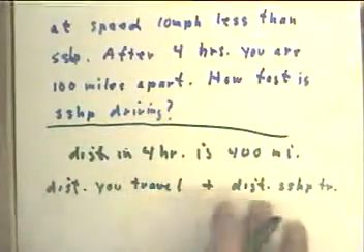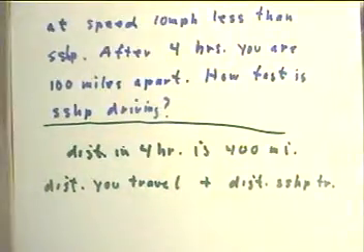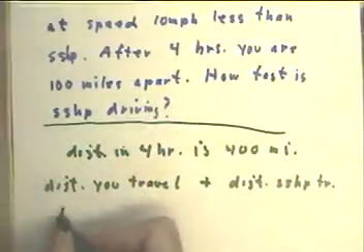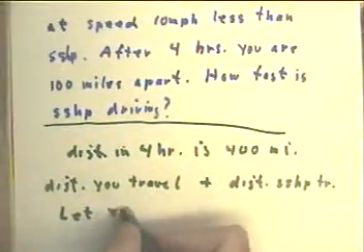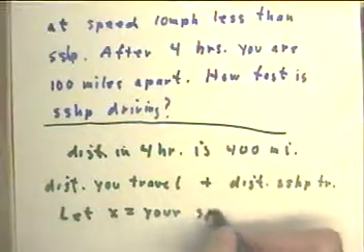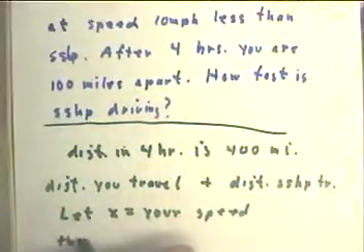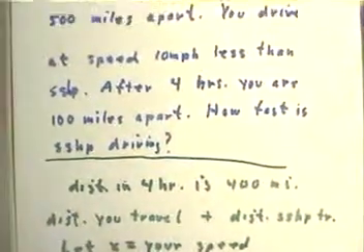So now you have to have expressions for the distance you travel and the distance the other person travels. How are you going to get that? Well, let's let x equal your speed, and now what other bit of information can we write?